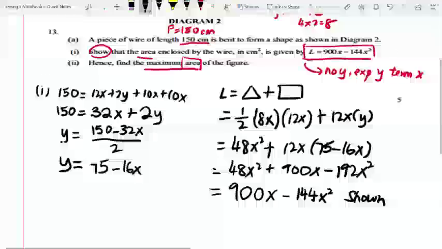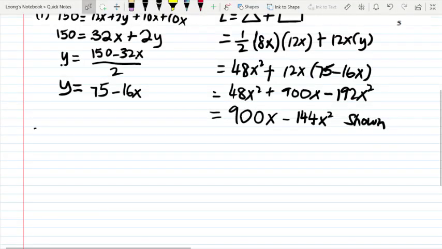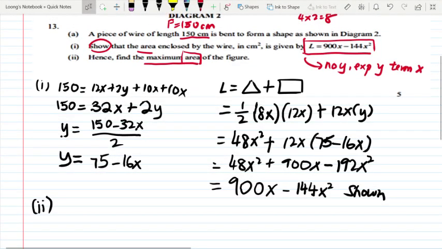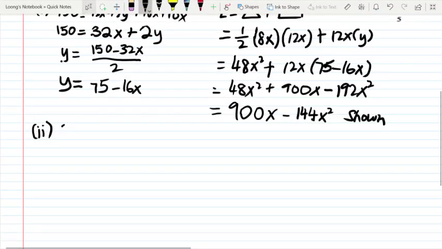And moving on to part 2 of the question, which asks us to show the maximum area of the figure. When dealing with this kind of question, there are always 3 steps that we need to know. The first thing is to differentiate the equation that they give you, and then we need to equate the differentiated equation to 0.